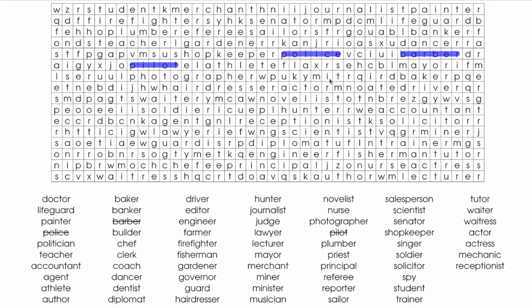So police, shopkeeper, a senator is a politician. In Australia, we've got two houses in federal parliament, and the representatives from the states are called senators or territories. So teacher, and fitting the next one found is a student.